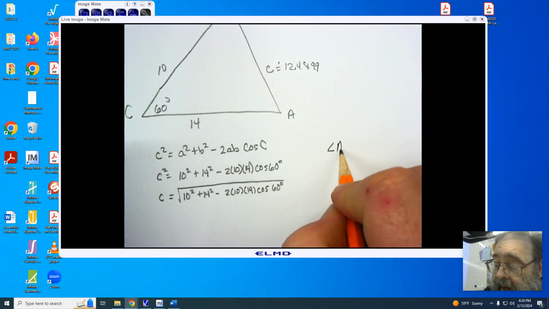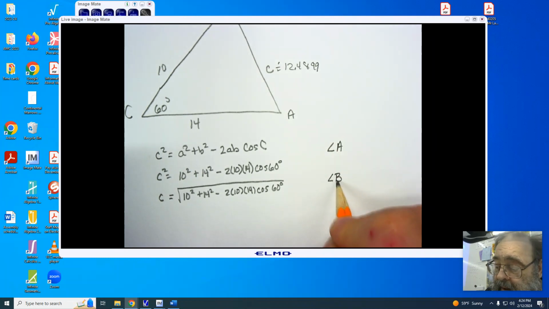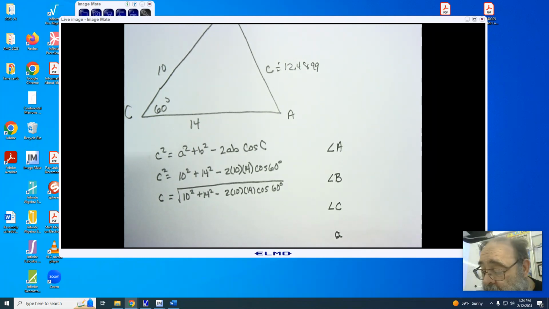I have angle A, angle B, angle C, then side A first, and let's do it in alphabetical order, then B, then C. You're going to want to use this value, so we have to put it into our calculator so that we get the best approximation we can.